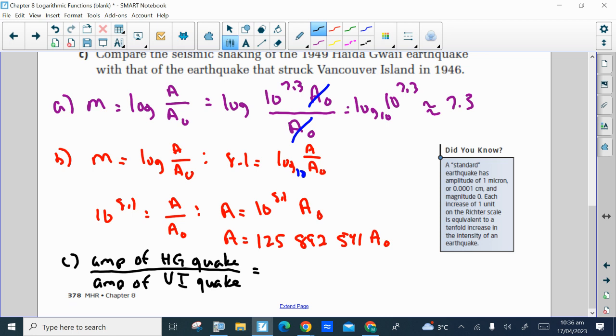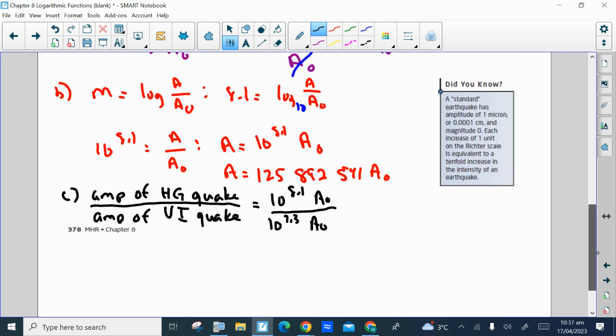The amplitude of the Haida Gwaii quake is 10 to the power 8.1 times a sub 0, whereas the amplitude of the Vancouver Island quake is 10 to the power 7.3 times a sub 0.